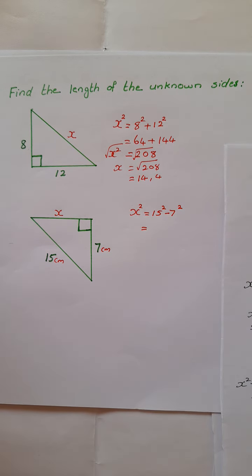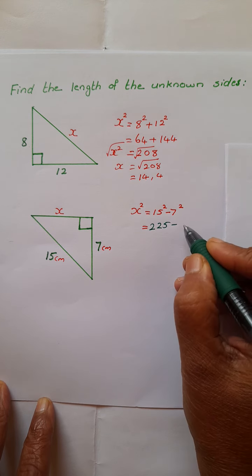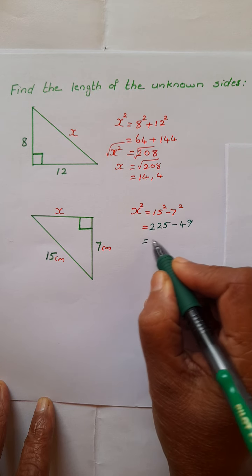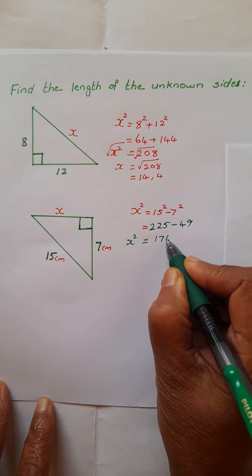So 15 squared here is 225 minus 7 squared is 49. So x squared is equal to 176.